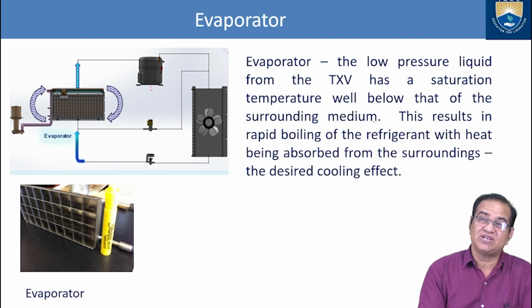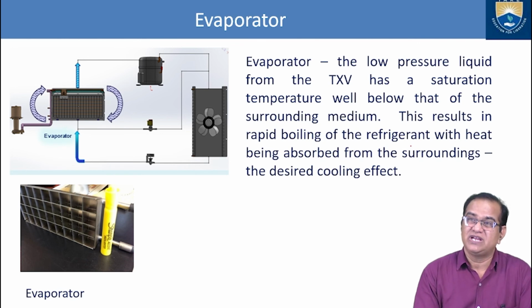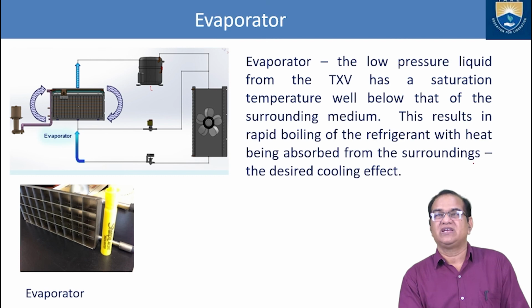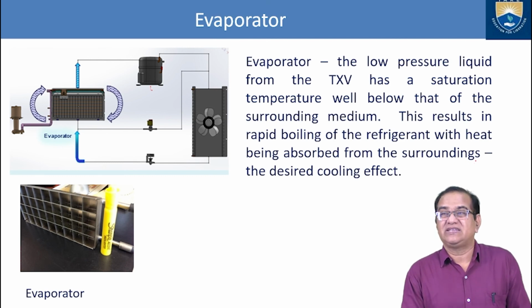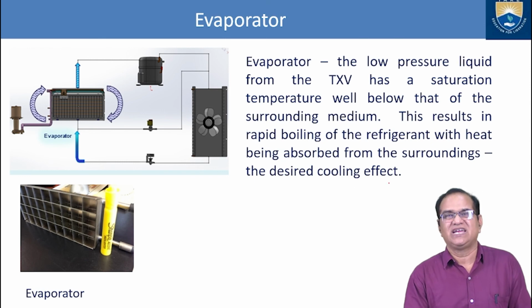This results in rapid boiling of the refrigerant. So it starts boiling and vapors start coming, with heat being absorbed from the surrounding. So the heat of the surrounding is absorbed and the cooling effect takes place.